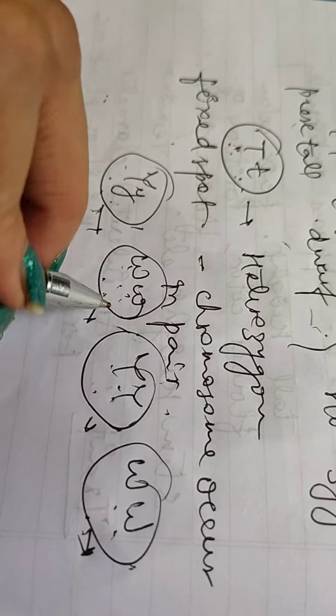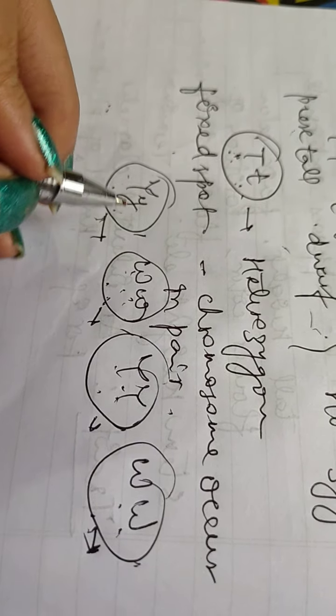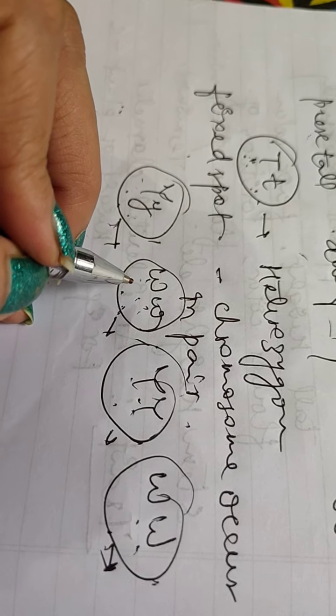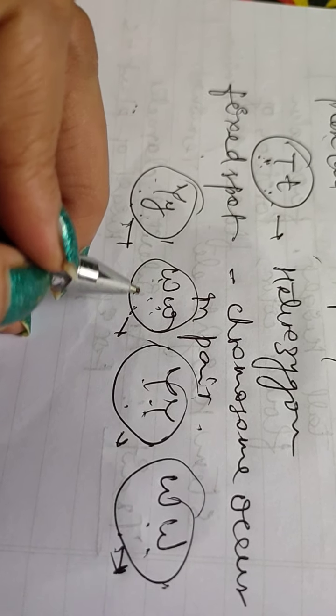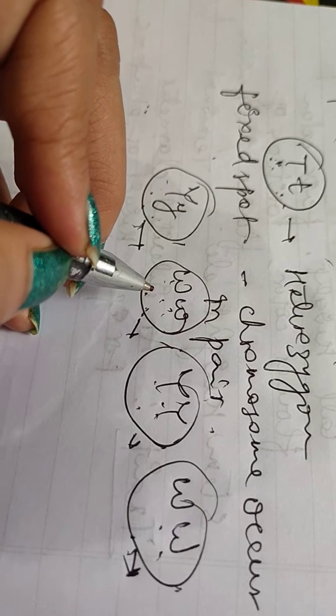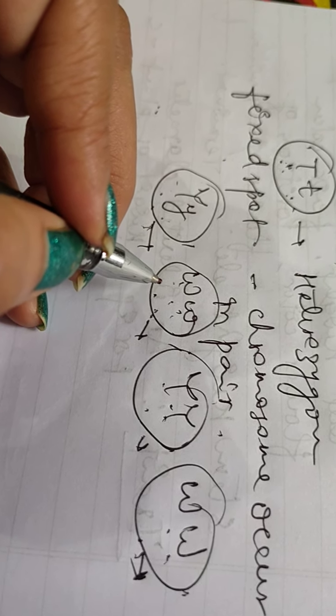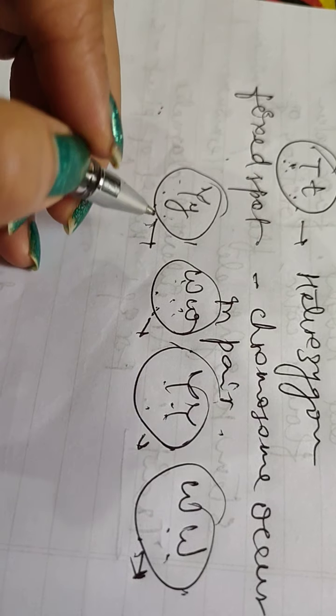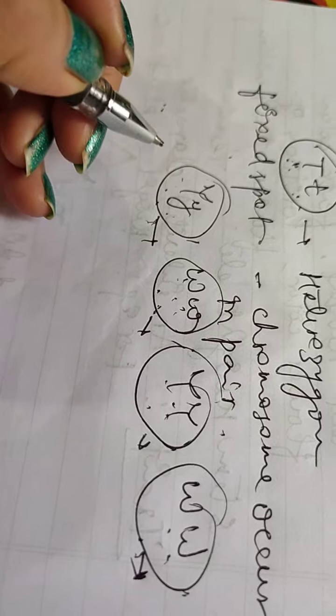I just want to tell you here that as chromosomes occur in pairs, alleles also do, so one allele in each chromosome in the pair.